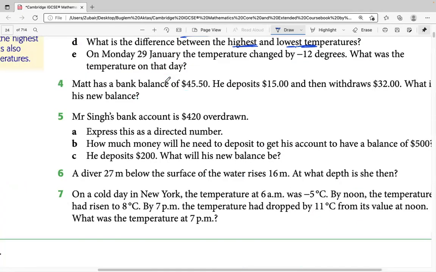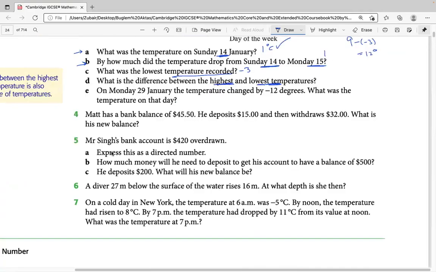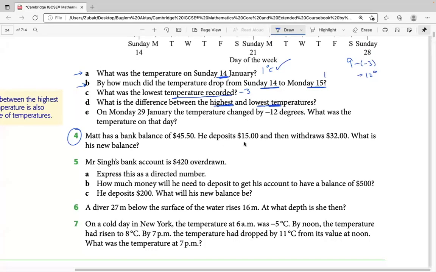Okay, word problems. Question number 4. Matt has a bank balance of $45.5. He deposits $15 and then withdraws 32. What is his new balance? Deposit means he adds, right?